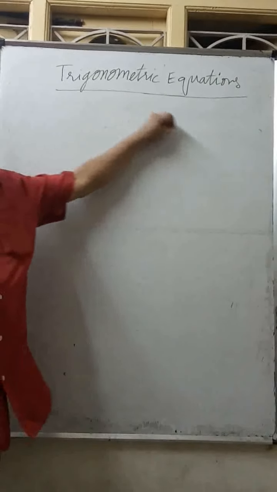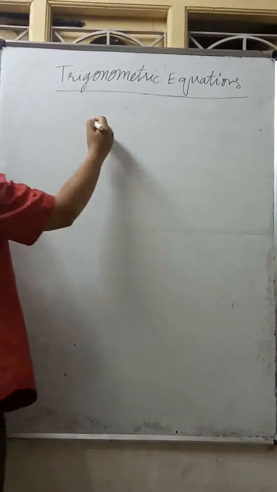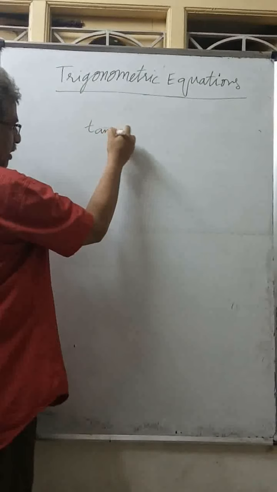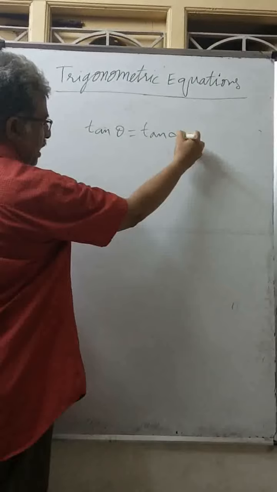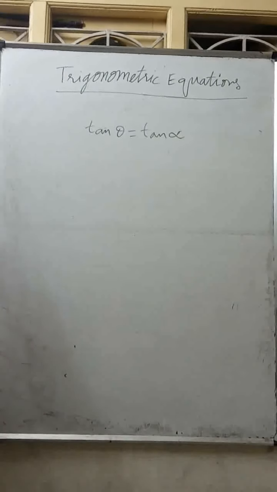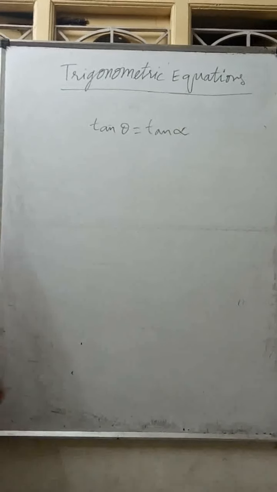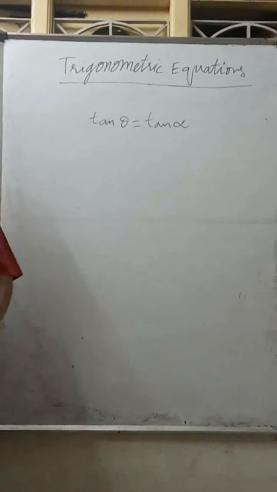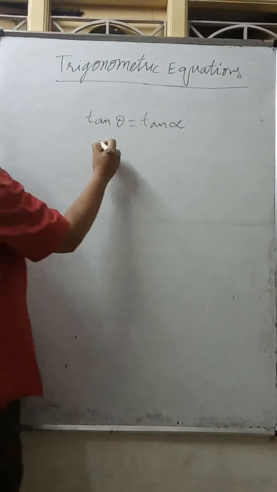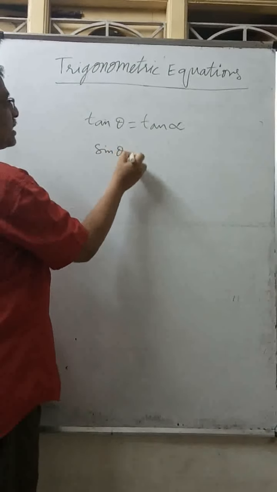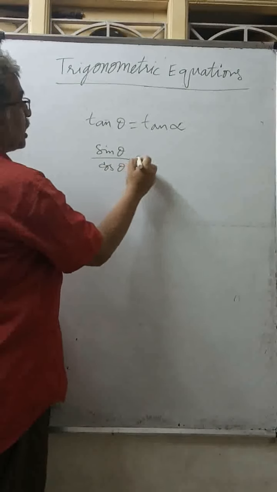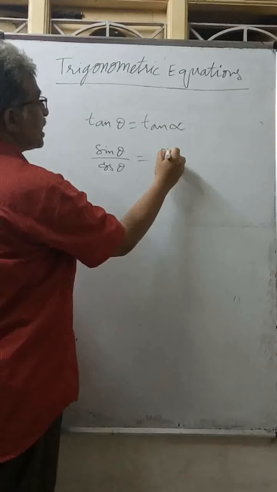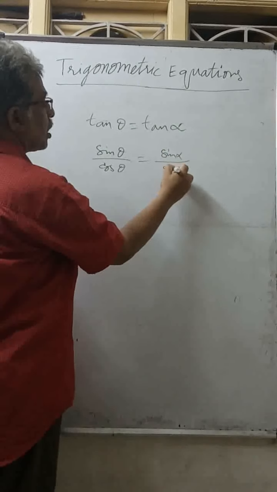Next, the general solution of tan. Similarly, we can prove it for tan also. Tan theta equal to tan alpha, where theta lies between minus pi by 2 to plus pi by 2. Instead of tan, I can write sin theta by cos theta, and tan alpha as sin alpha by cos alpha.